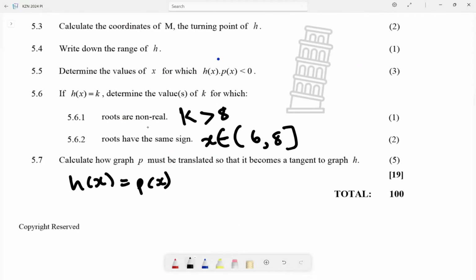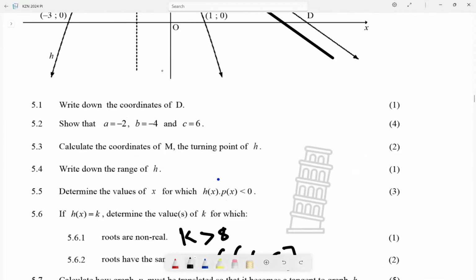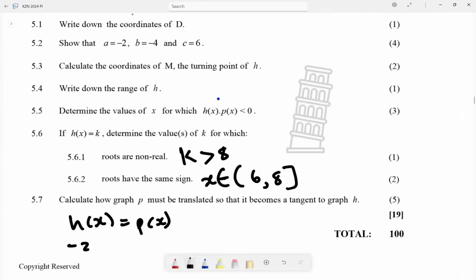Okay? Why? Because we want, calculate how graph P must be translated so that it becomes a tangent to H. So now we want H of X to be equal to P of X. But now H of X is equal to, okay, negative 2x squared minus 4x squared plus 6. So what is P of X? P of X is 8 minus 2x.